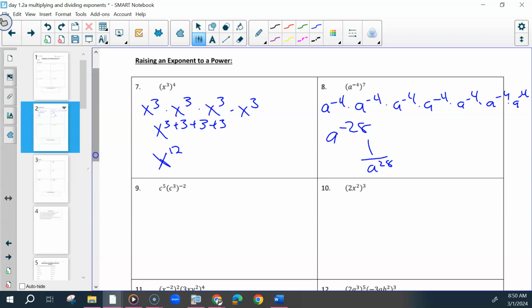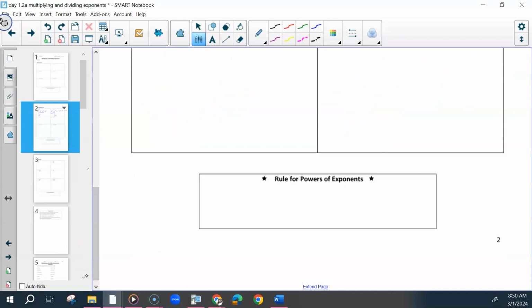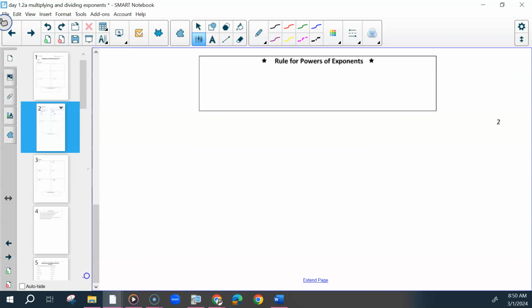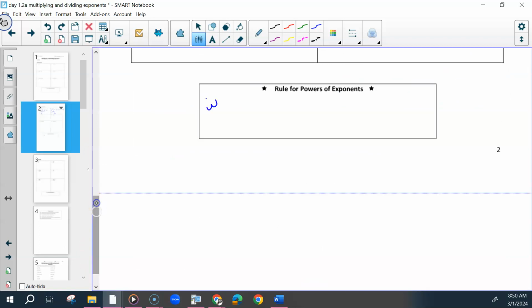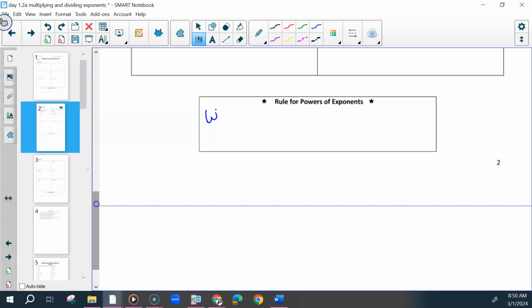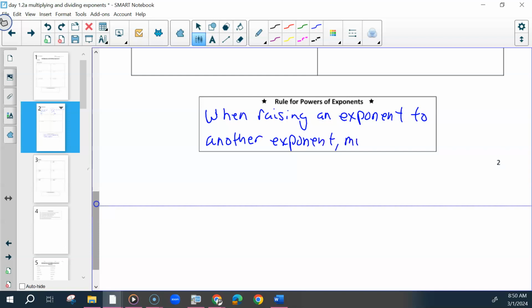When raising an exponent to another exponent, you multiply the exponents. You can write that down here. So when raising a power to another power, or an exponent to another exponent, multiply the exponents.